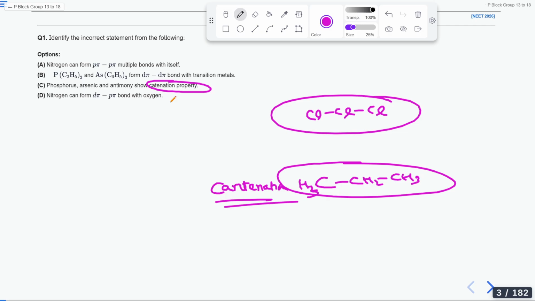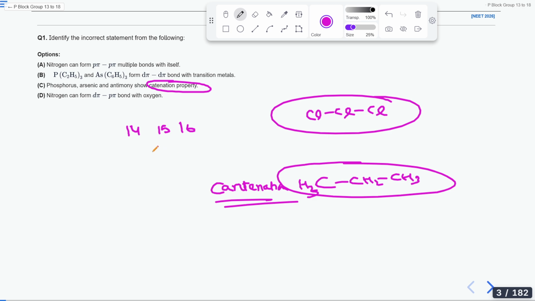Now they are asking whether phosphorus, arsenic and antimony can do this or not. So remember that only the members of group 14, then group 15, and to some extent group 16, only these three groups have elements that can show the catenation property.